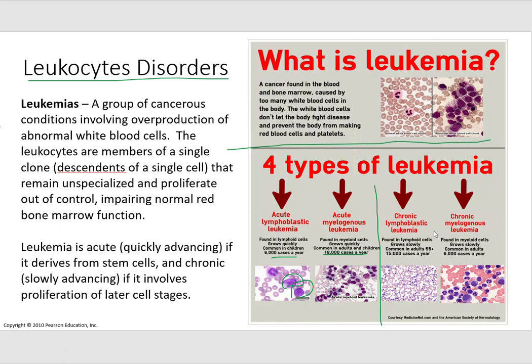Chronic, remember, it's going to be further down in the chain. We have chronic lymphoblastic leukemia, CLL. These guys are going to grow slowly, adults over 55, and about 15,000 cases a year. CML, chronic myelogenous leukemia. The myeloid cells, common in adults, about 6,000 a year.